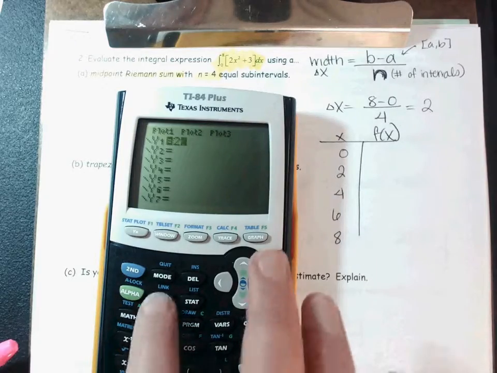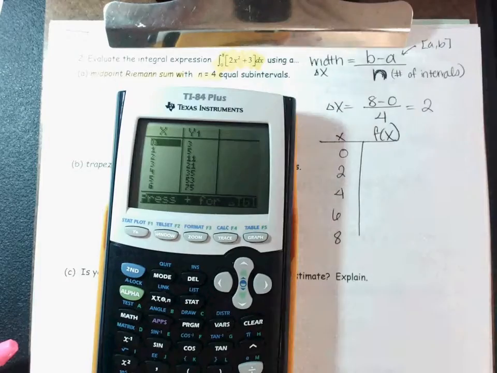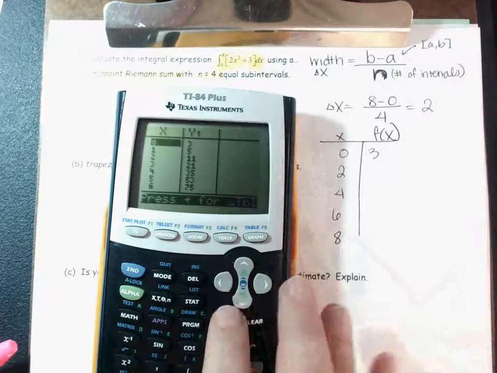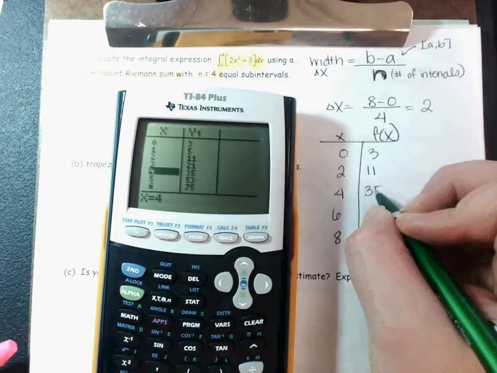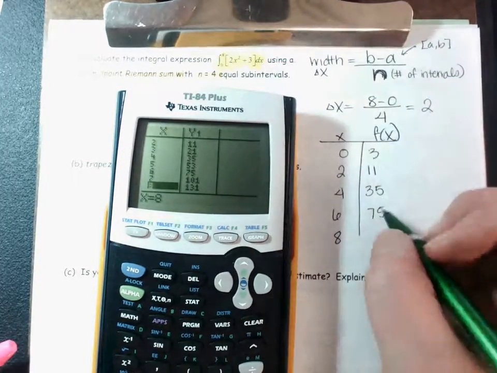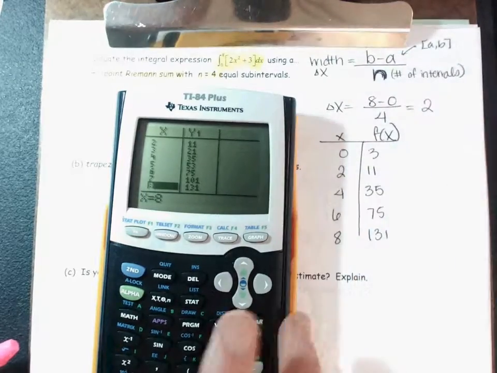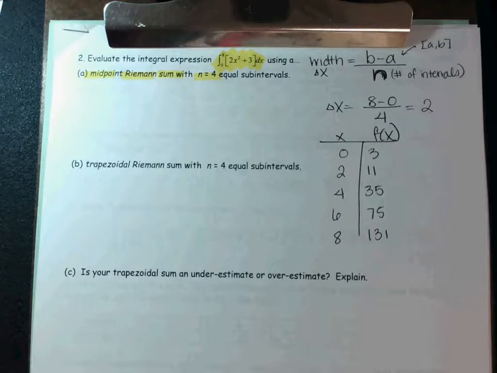We want 2x squared plus 3, and we only want even values. So at 0 I'm at 3, 2 I'm at 11, 4 I'm at 35, and 6 I'm at 75. At 8 I'm at 131. And I'm basically just constructing my own table, but you need to know what numbers to plug in.